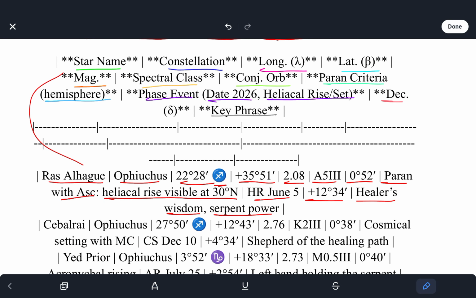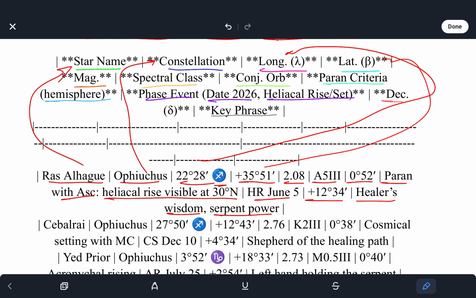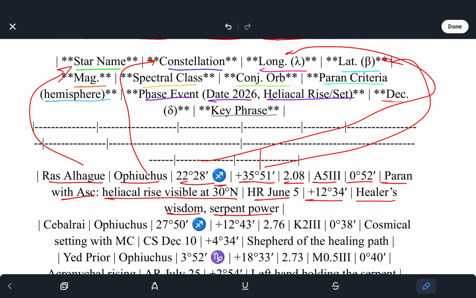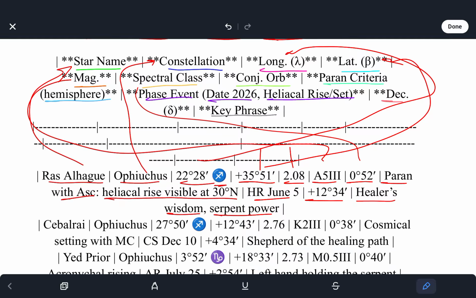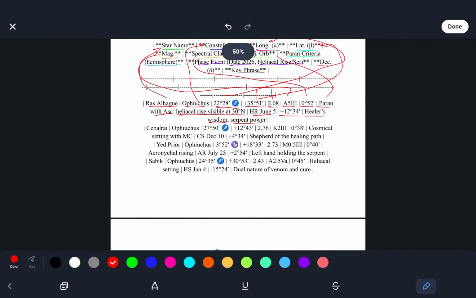Well, I went over the star name, the constellation, the longitude, the latitude. Oops, I actually meant to say that these are the longitudes and latitudes, 35 51 and 2.08. Okay, and so mag is 853, spectral class is 0 degrees 52, conjunct orb, paran with ascendant, and that's the paran criteria as well. So hopefully we don't get too confused here.